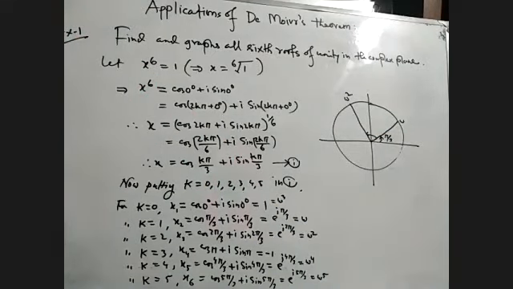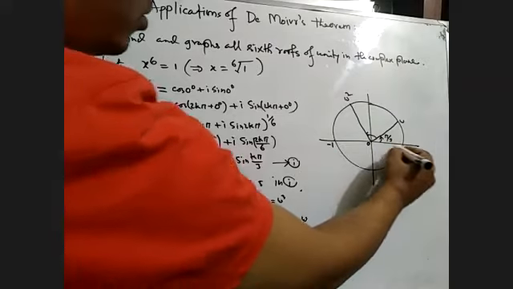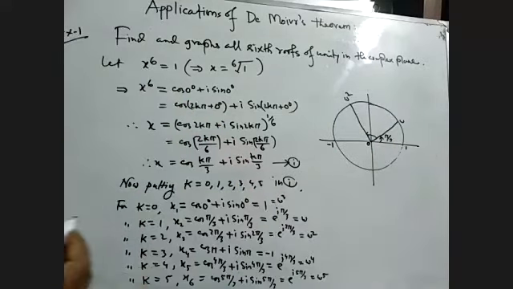Now -1, you must know x4 equals -1 in how many degree? 180 degree. This is the -1, this is the 0, and this is the +1. Now another one, omega 4. Omega 4 in how many degree? 240 degree.